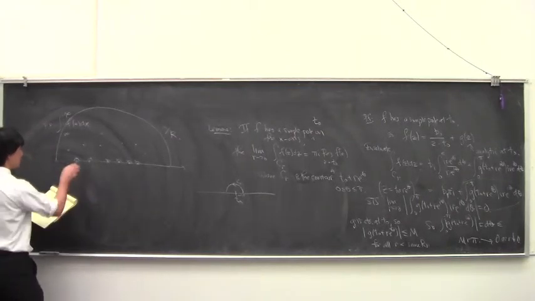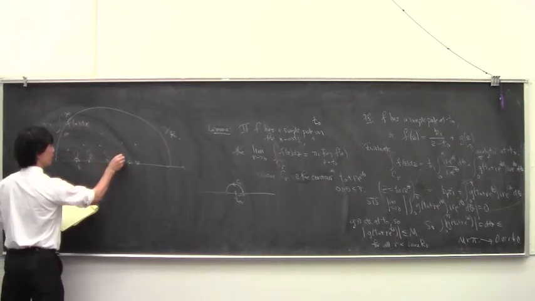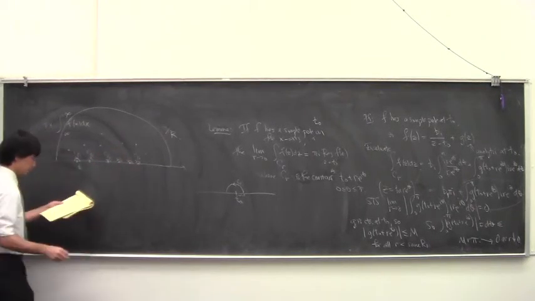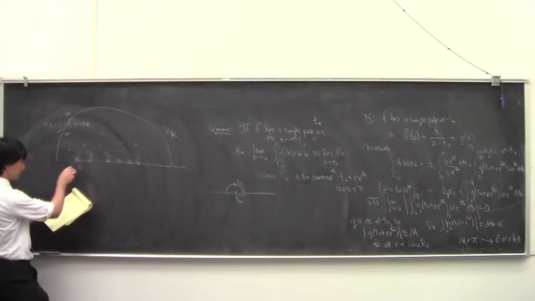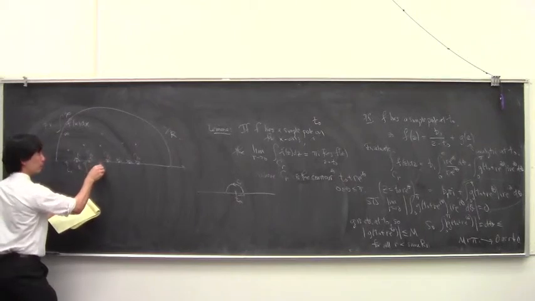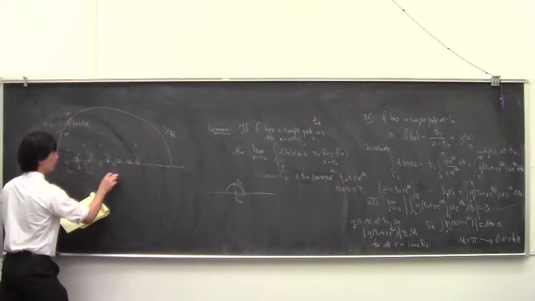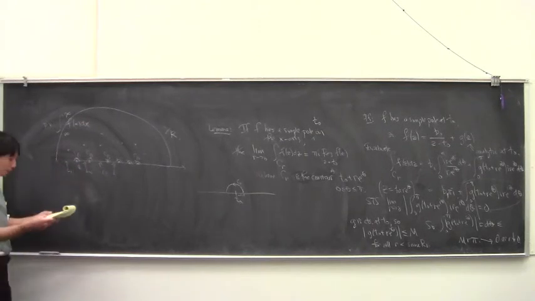I'm going to call each of these guys C sub rho 1, C sub rho 2, C sub rho 3, C sub rho 10, and I'm going to call these lines L1, L2, and so on.